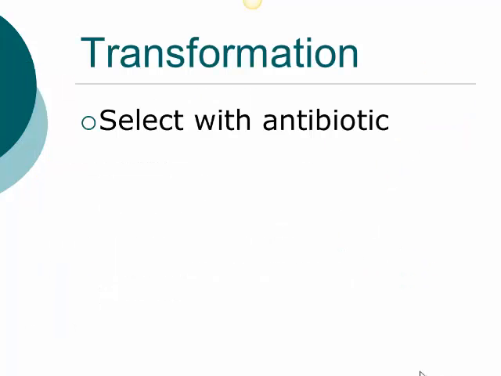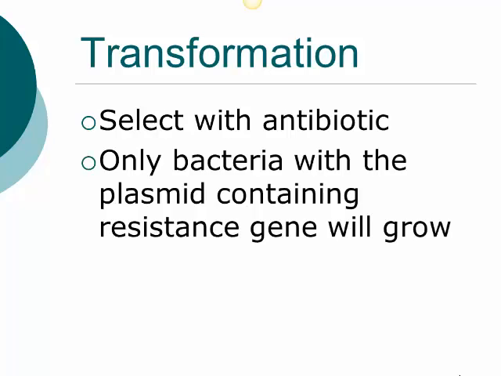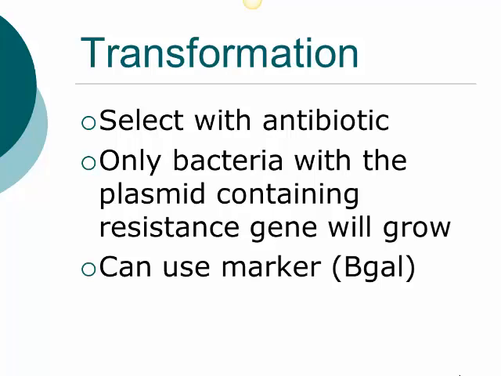We select with antibiotics so that we don't have a lot of bacteria that didn't pick up our DNA. We don't want to waste our time and our money working with bacteria that don't have our DNA of interest. So only the bacteria that have the plasmid that contain the resistance gene against the antibiotic will grow. And we can also use a marker such as beta-galactosidase.